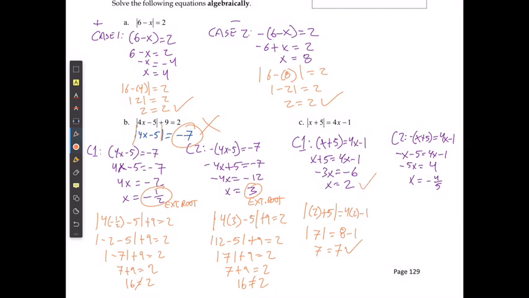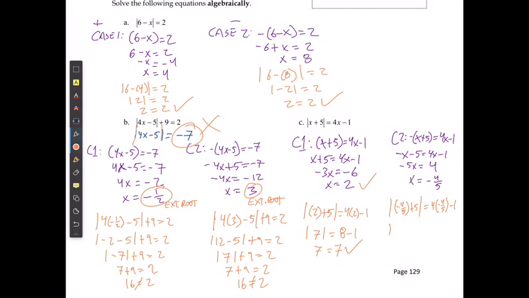For the second one, I have the absolute value of negative 4 over 5 plus 5 is equal to 4 times negative 4 over 5 minus 1.